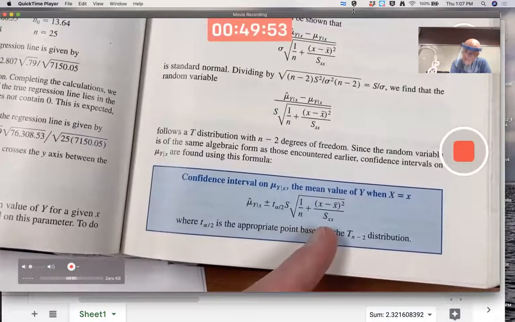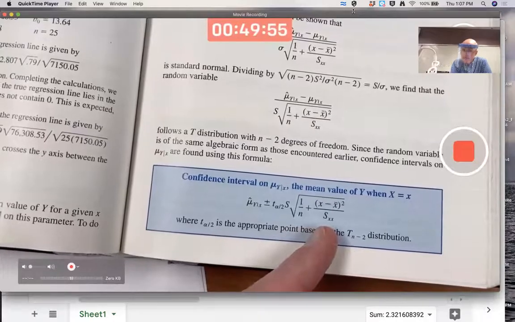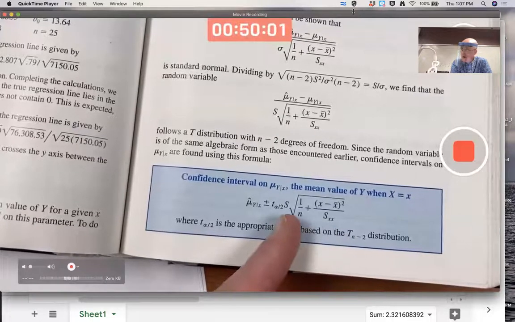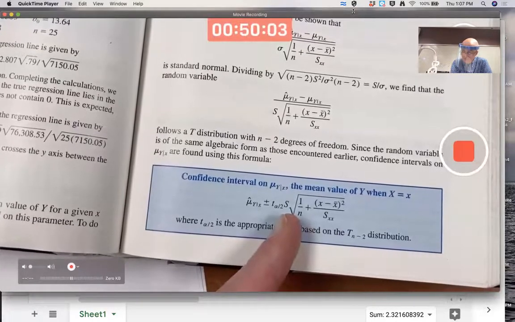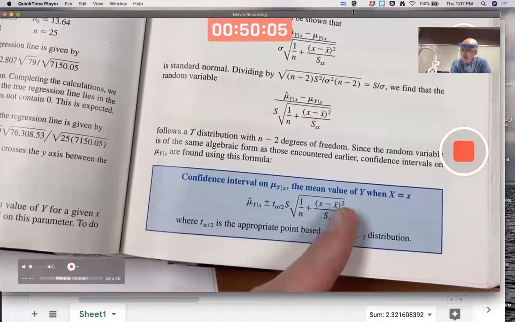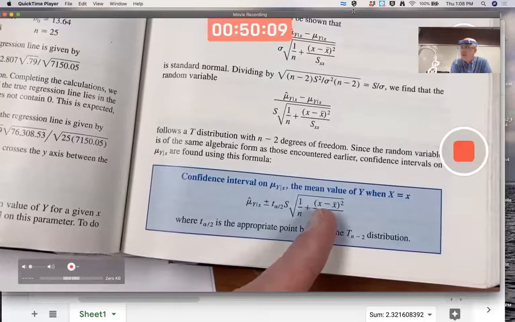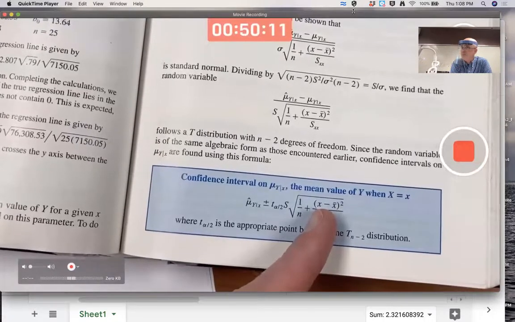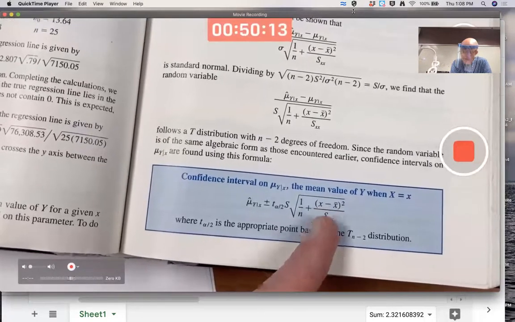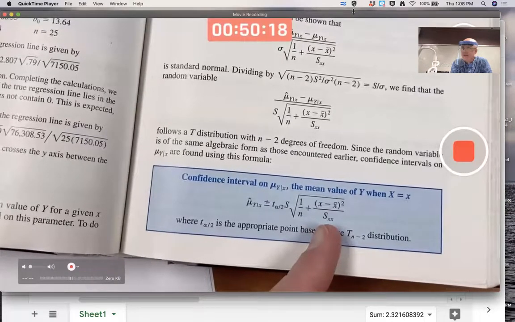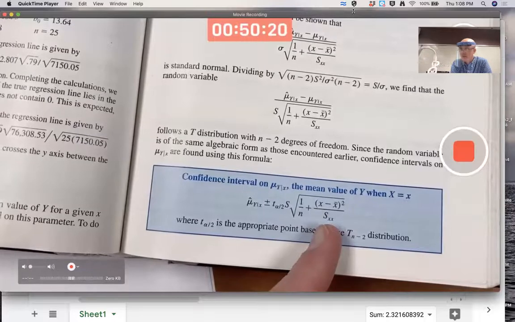SXX is what I call SSXX. Computed that. S, that's the regression standard error. We computed that. X bar is whatever the mean of the x's is. X there, what's the x there? Well, whatever you decide you want it to be. And the problem, they say first let x equal x bar, which, hey, that would make this fraction 0. And then in part B, they say let x be something else.